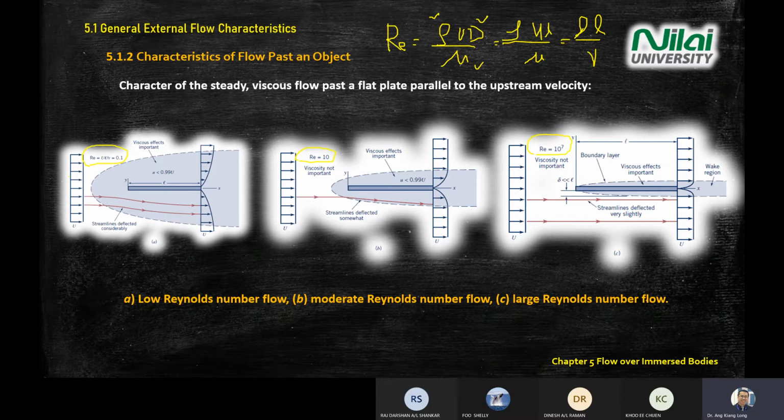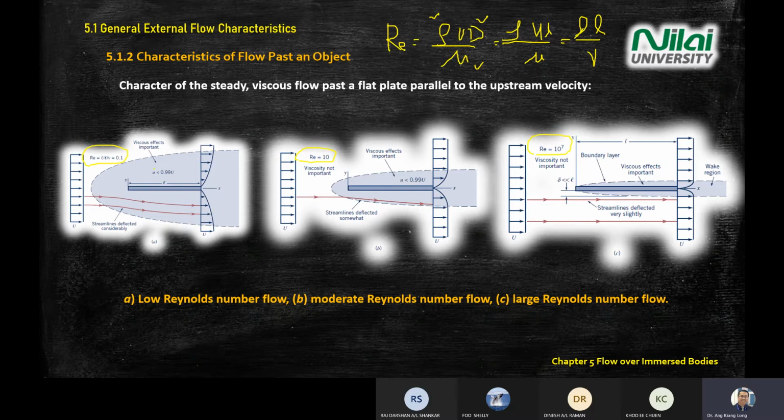As you increase the velocity or the Reynolds number, what do you observe from the diagram? The gray area is shrinking.